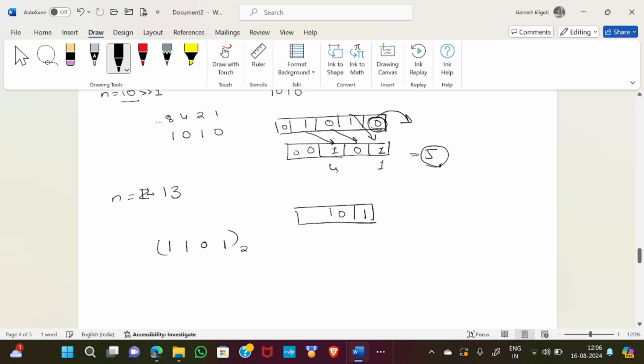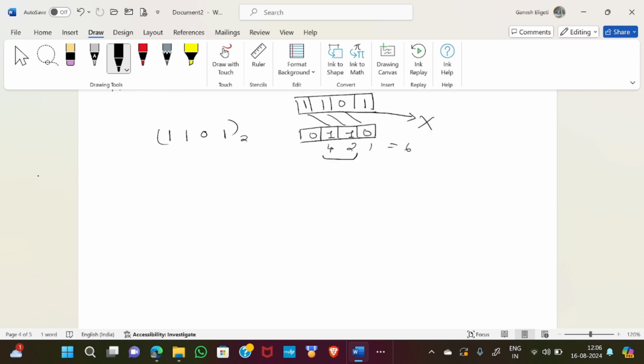So the last 1 is discarded and then 0 comes here, 1 comes here and another 1 comes here. So what this becomes is 2 and 4, right? So this becomes 6. So this is what happens in the right shift operation.